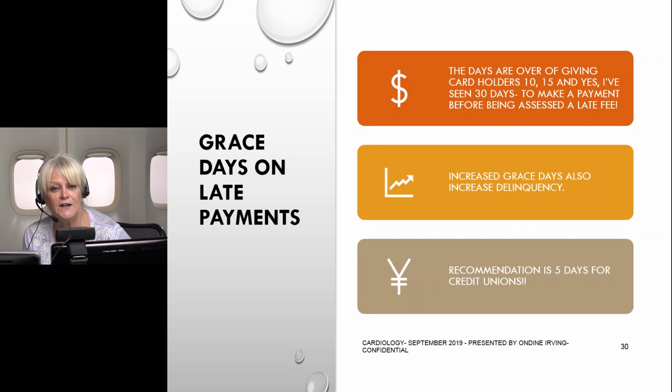The parameter setting at the processor, somebody accidentally input $2.50 instead of $25 for the late fee. And this was going on for 3 years. Could they get all that late fee income back from the processor? No, because most contracts give you 3 to 6 months to find an error and report it. So everybody needs to do a late fee income audit.